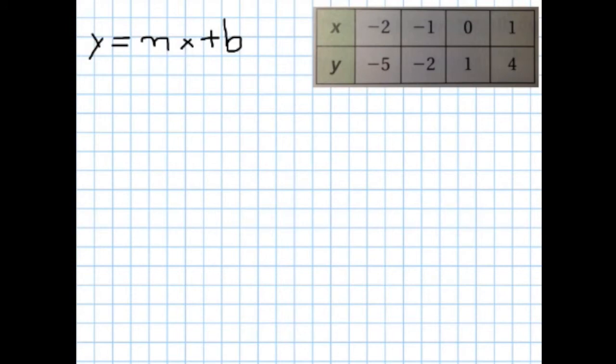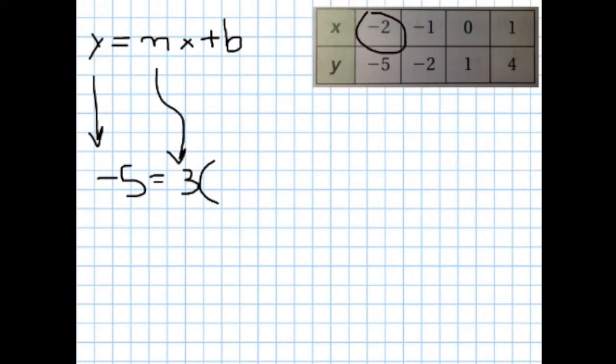Once you have your slope, you can go ahead and plug in a value. So we'll plug in y here, and we'll say minus 5 equals, we'll plug in our slope here, which was 3, and the x value, we'll take the next x value, which is right here, minus 2, plus b. We want to find our y-intercept.